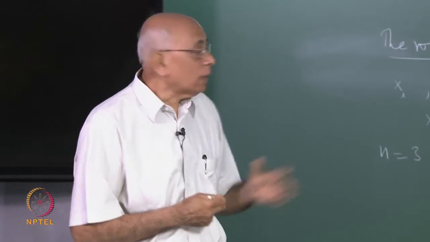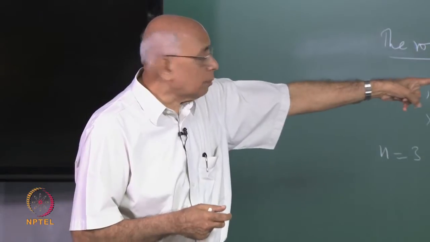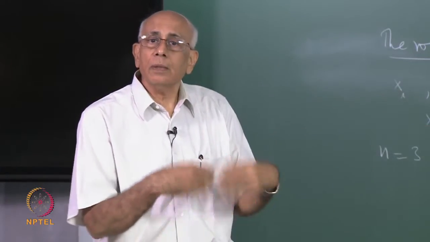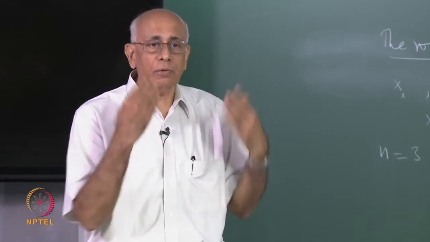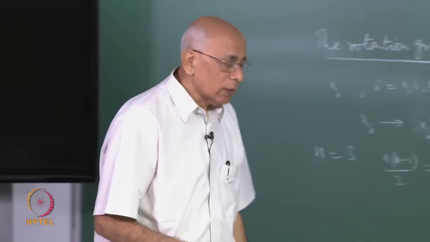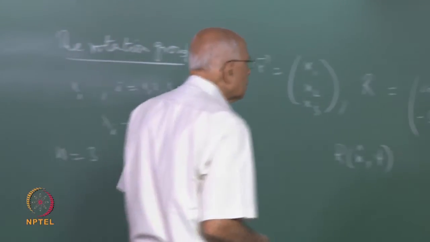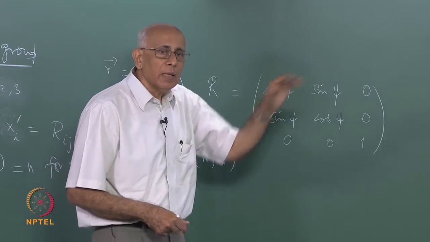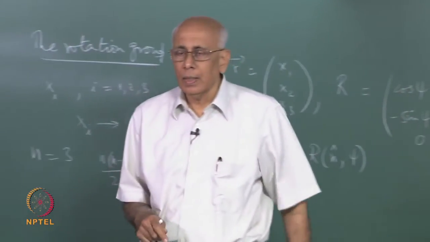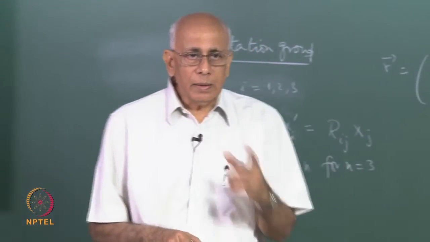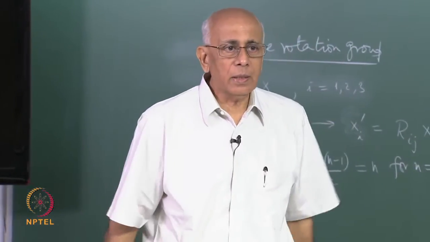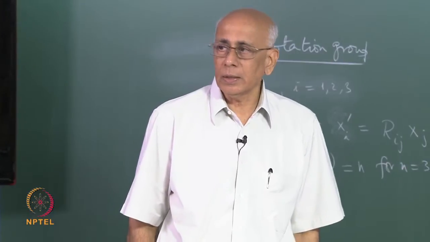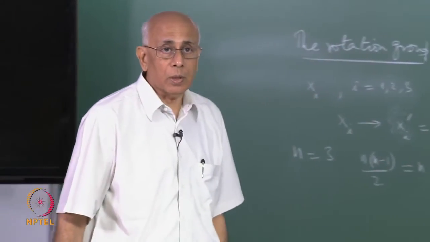Under matrix multiplication you can produce the result of a succession of rotations. So there is a correspondence between the set of abstract rotations in n dimensional space and a set of matrices. In n dimensional space the matrices would be n by n matrices, that is one way of representing the rotation, and the matrices would be orthogonal.